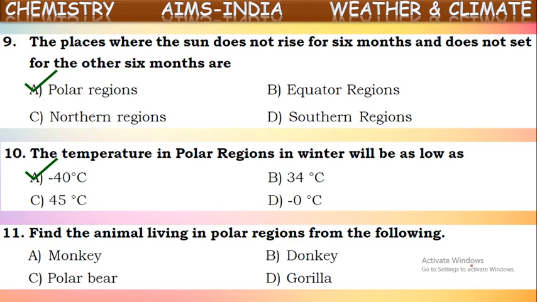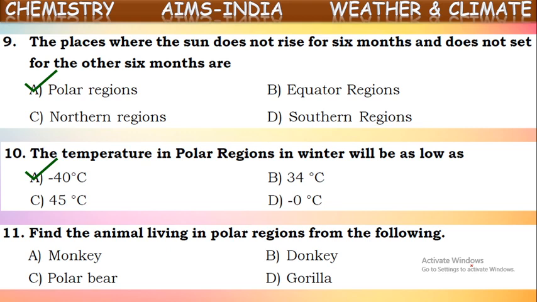So only a few kinds of animals and plants which are adapted, which have some changes to these climatic conditions, can survive in that area. Some animals like penguins and polar bears can survive there.